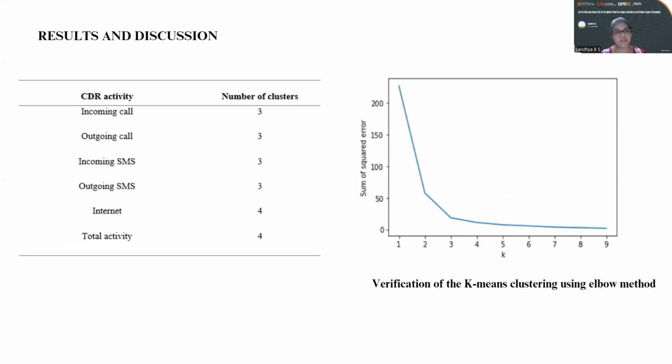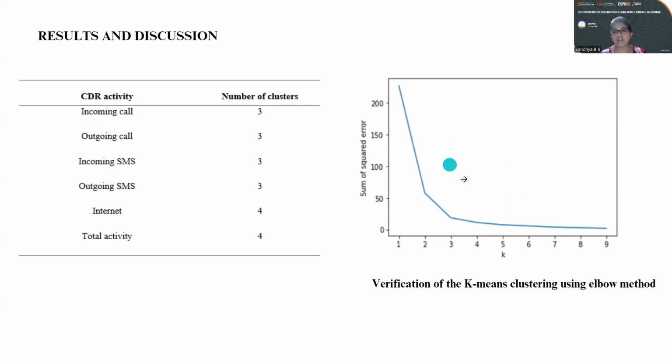To tabulate the same, the incoming call has 3 clusters, outgoing call has 3 clusters, incoming SMS has 3 clusters, outgoing SMS has 3 clusters, internet activity and total activity have 4 clusters each. So this shows the verification of K-means clustering using elbow method.